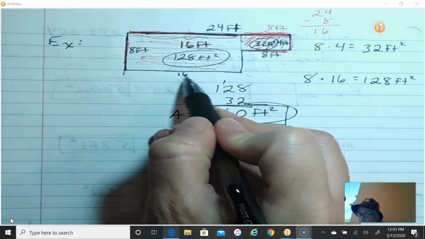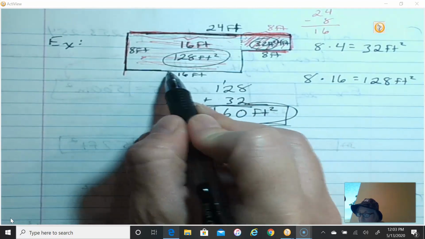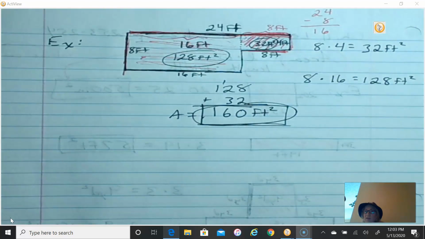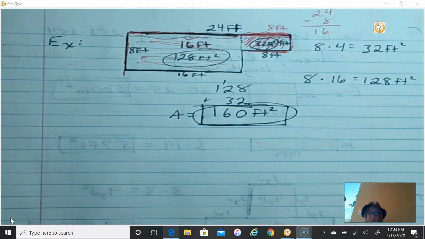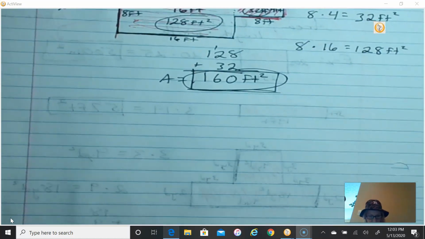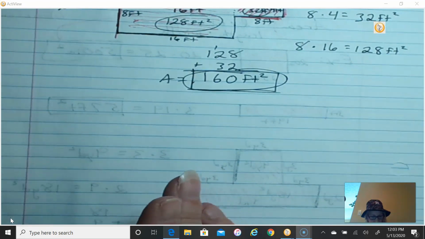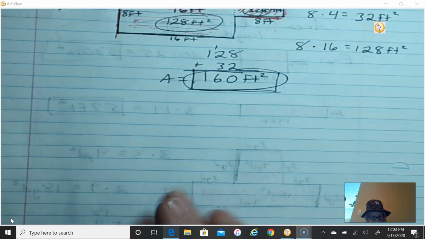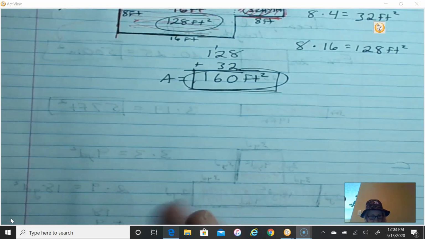And even this side would be 16 feet. So this side right here was 16 feet. So you may have to use your brain a little bit to figure it out. Okay? All right, so let's see. I think that's all that I need to do, just multiplying the 2 sides. I think we're about done.